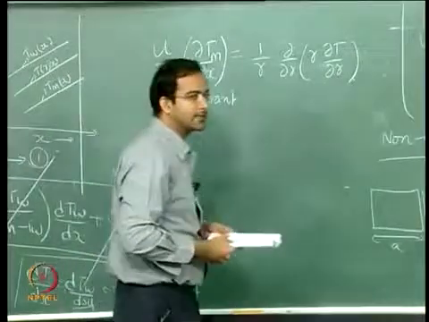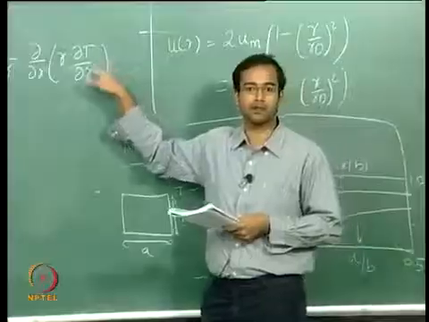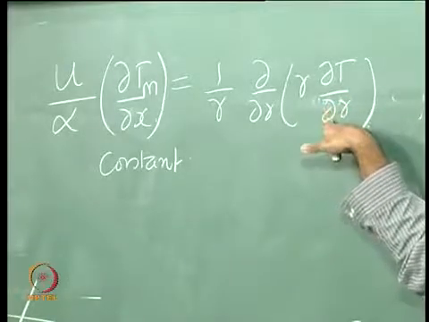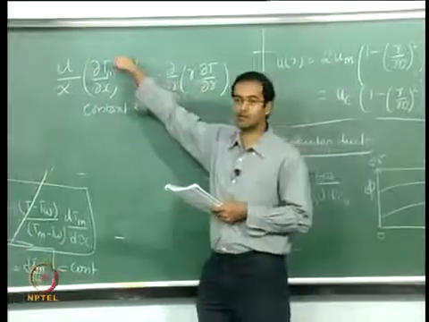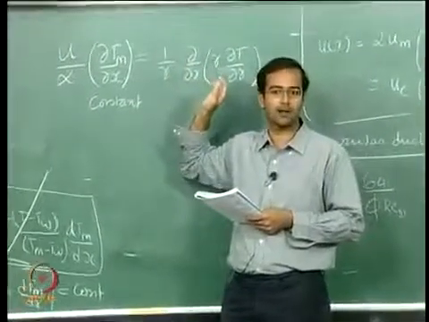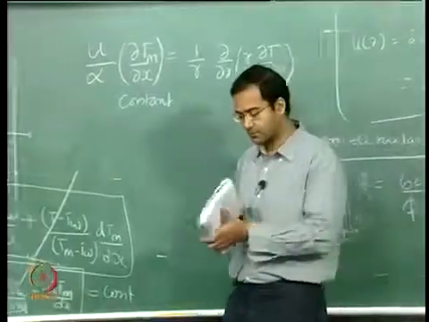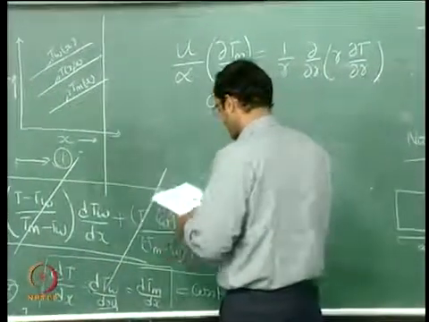So therefore you can now integrate this equation with respect to r just like the way you integrated the velocity profile, because now this term is a constant and therefore this does not become a partial, this can be written as an ordinary differential equation. So I will just give you the result of the integration and we will stop there.